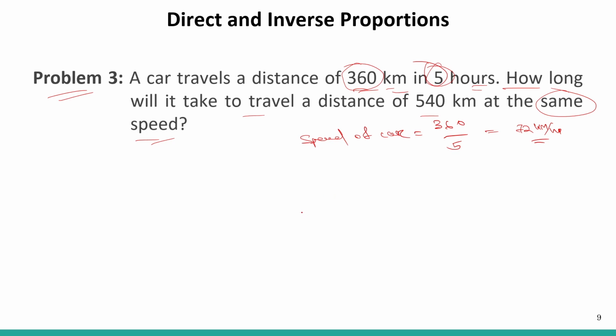Okay. So how much time will it take? Speed is equal to what? Distance by time. We have the speed, that is 72, and we have the distance, that is 540. We don't know the time, right? That is what we want to calculate here. So this implies that time is equal to 540 by 72.